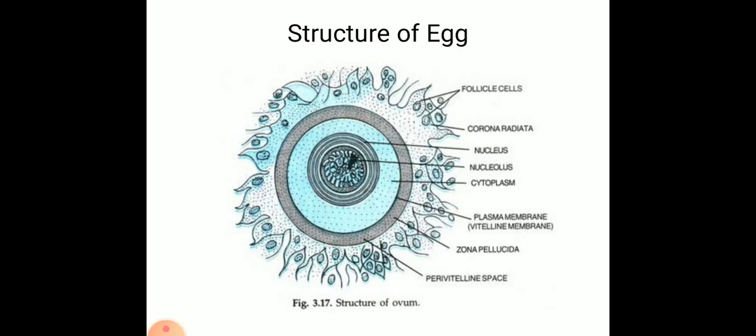Next is the corona radiata. Then the nucleus, with the nucleolus in the center. Another is the dot-like, spacious structure inside the ovum, that is called the cytoplasm.